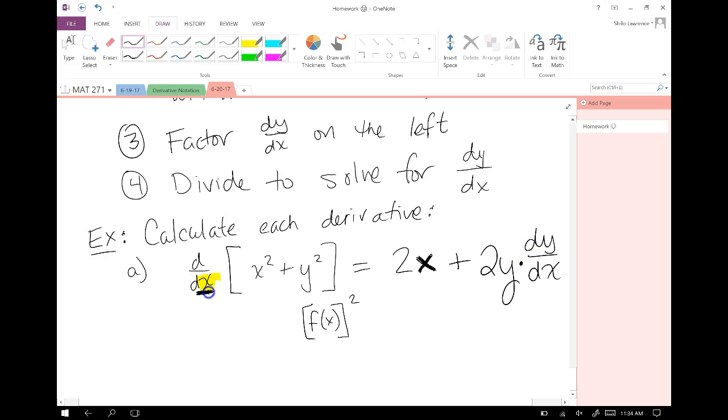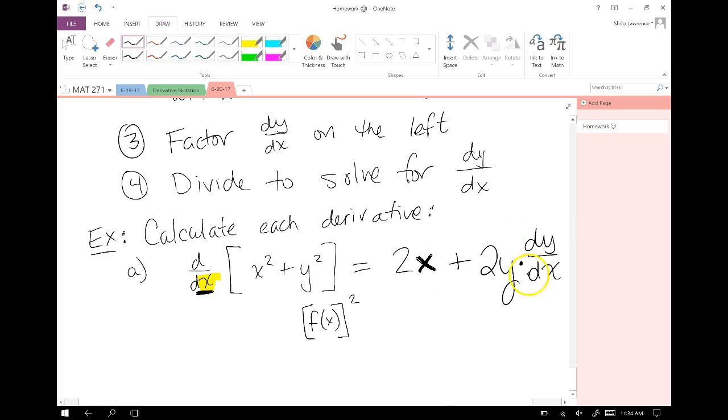So it says take the derivative with respect to x. That means normal derivative rules on x's. We're also going to do derivative rules on y's and then attach a dy dx. And technically the reason we do that is because of chain rule, because y is a function of x. We just don't know what it looks like right now.